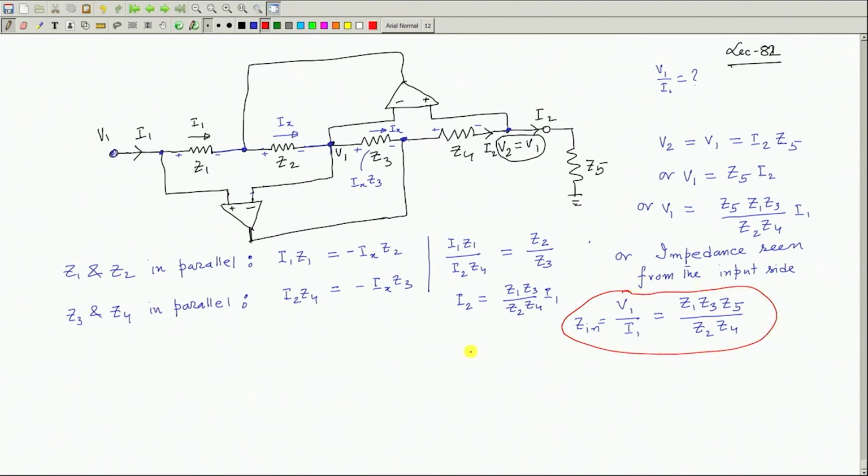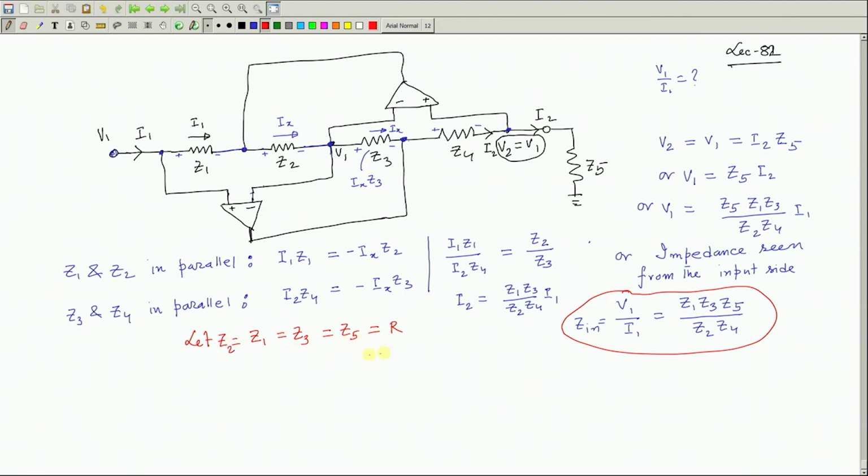Now, what you do is this. Suppose we let Z1 equal Z3, equal Z5, equal some resistance R, and also equal Z2.